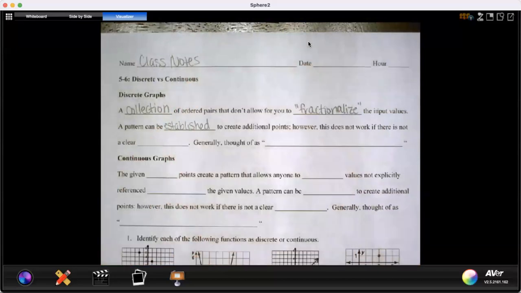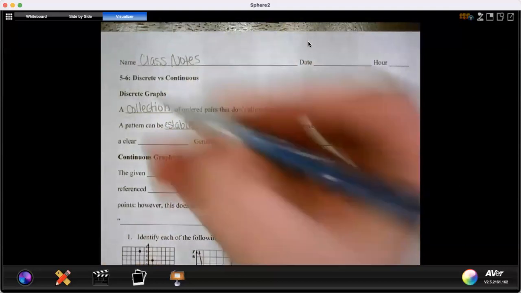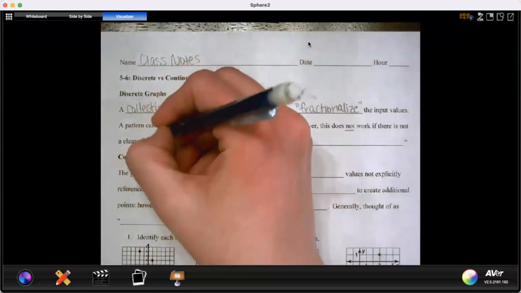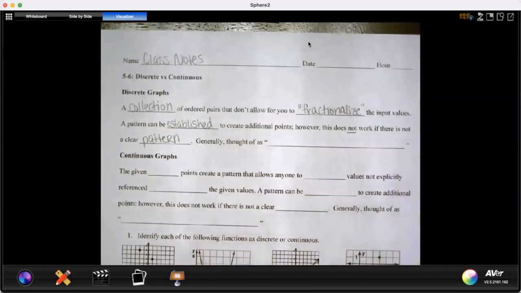Now, a pattern can be established to create additional points. However, this does not work if there is not a clear pattern. So although you cannot fractionalize the points, if there is a pattern, you can create additional points.